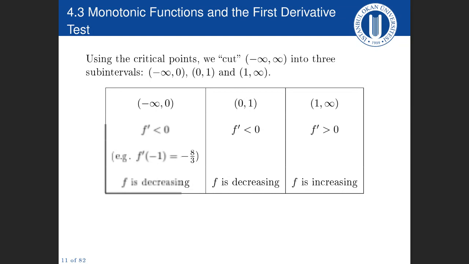So, for example, f prime of minus 1, you can check, is minus 8/3. This is a negative number, so f prime must always be negative on this interval. So f must be decreasing. Between 0 and 1, again, it's decreasing, and then between 1 and infinity, the function is increasing.